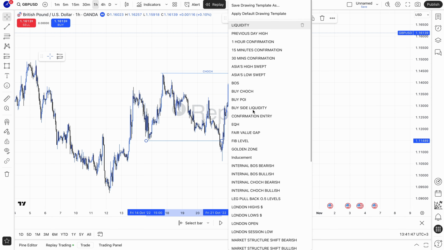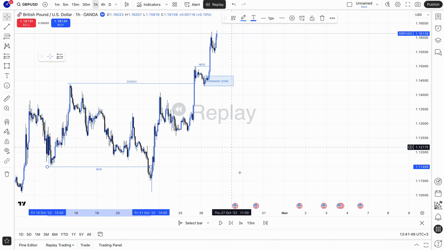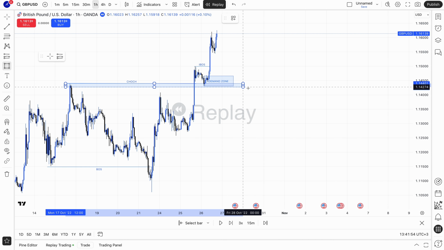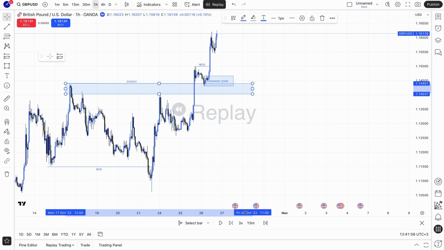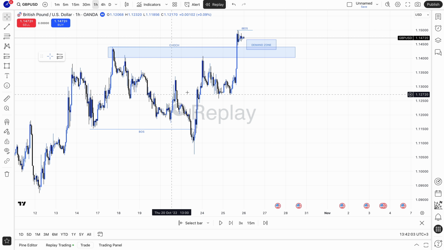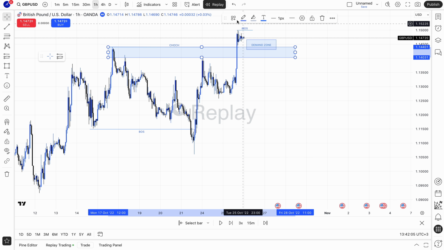This was a supply zone. Then later on it was disrespected, then it became our breaker block, so we had to wait for the tap in, and then you get entry.